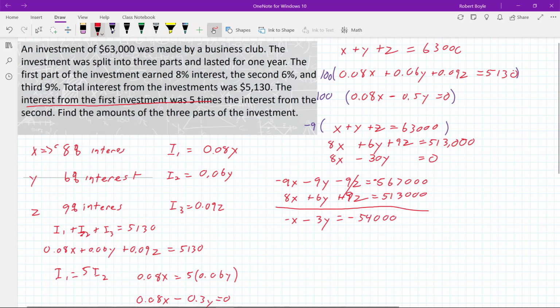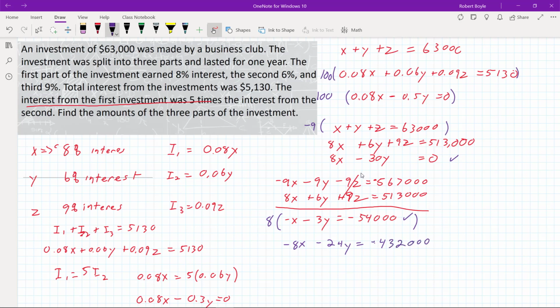Okay, so now notice that I have one equation in terms of x and y and another equation in terms of x and y. So now all I need to do is maybe I can eliminate x by multiplying this equation by 8. That will give me negative 8x minus 24y is equal to negative 432,000.